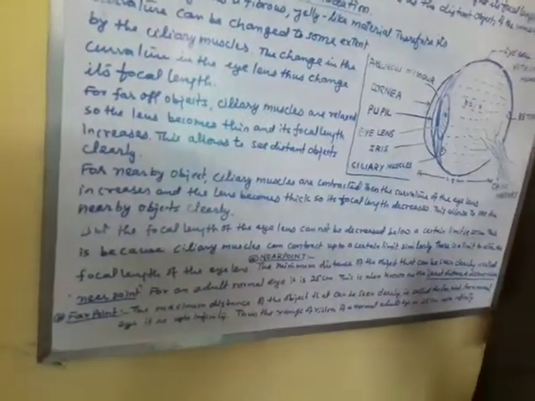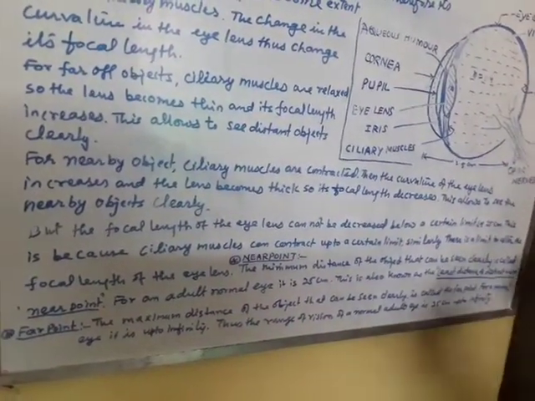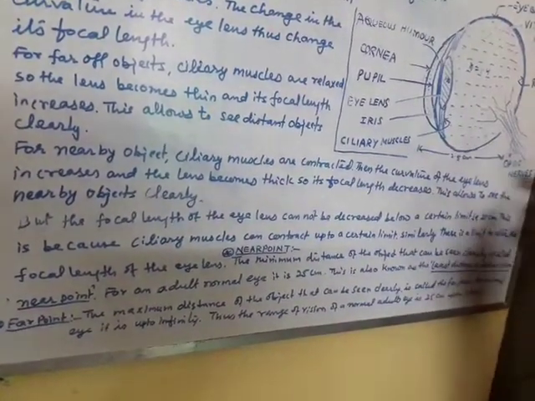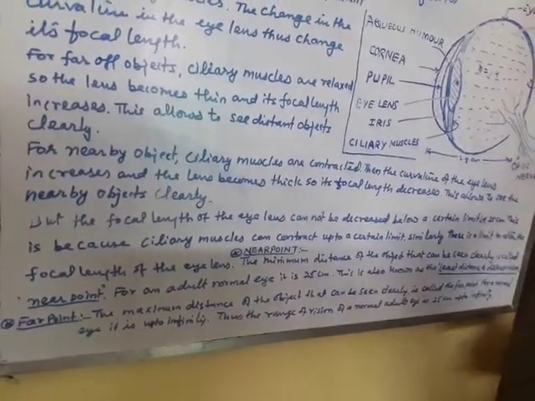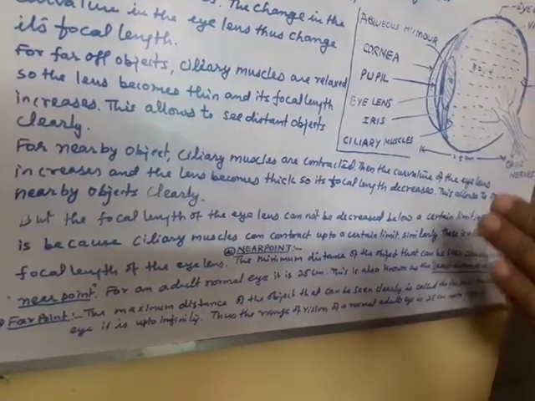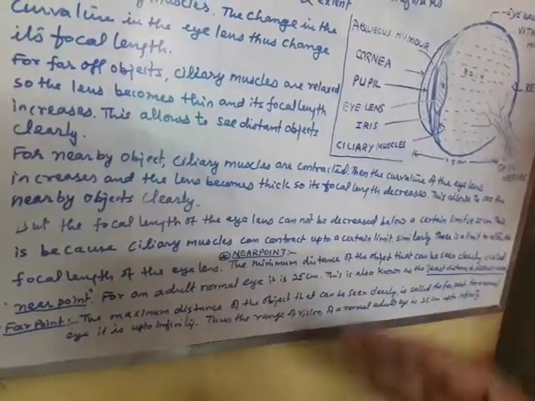Our ciliary muscles, which adjust the focal length of the eye lens, can do so only up to a certain limit. So we are able to see an object clearly which is very close to us only up to a limit, that is the minimum distance.